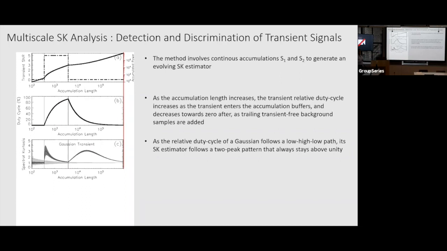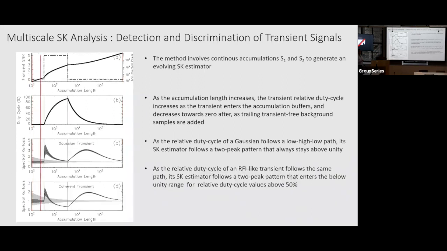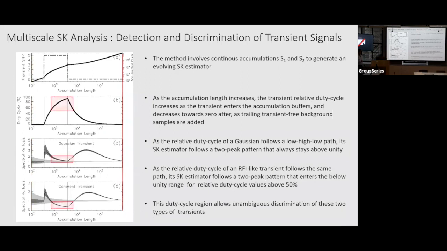But if it's an RFI transient, an artificial signal, again, it's going up, down, up, down. It might look like the same pattern, but look at here. This region is important. The spectral kurtosis for a Gaussian transient cannot cross below unity, except for some statistical fluctuation, while for the non-Gaussian signal, it will go below unity for a certain integration.